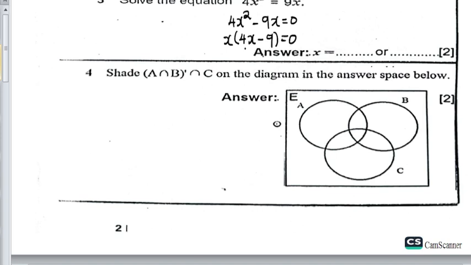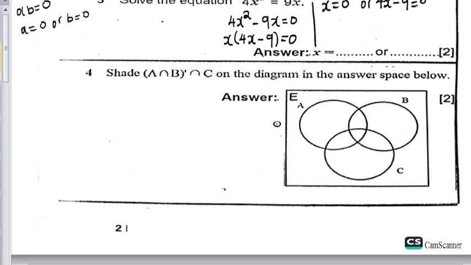When you have something like this, let's say AB is equal to 0, where A and B are multiplying, this simply means A is equal to 0 or B is equal to 0. So from our solutions, we can write x is equal to 0 or 4x minus 9 is equal to 0.